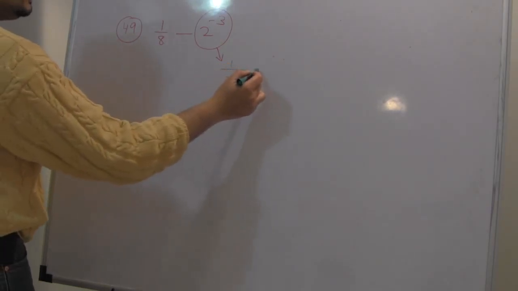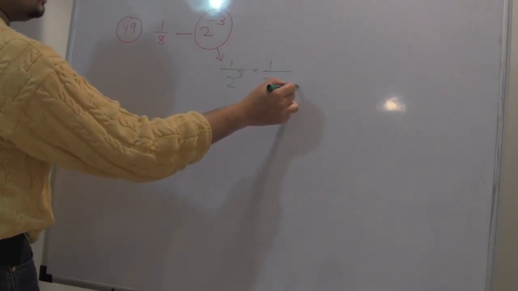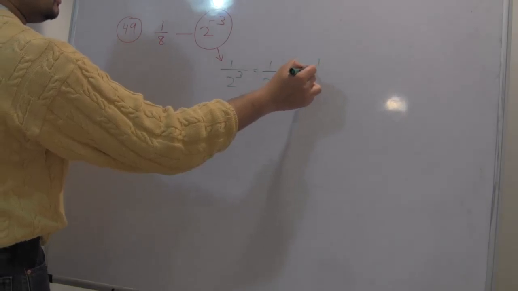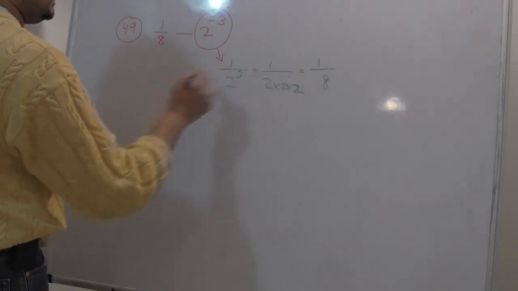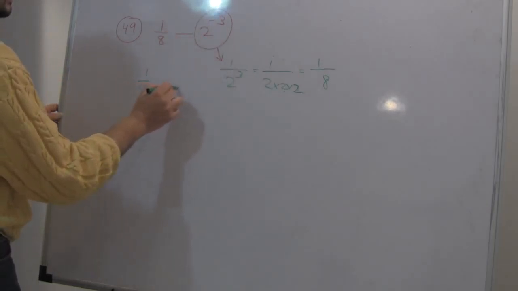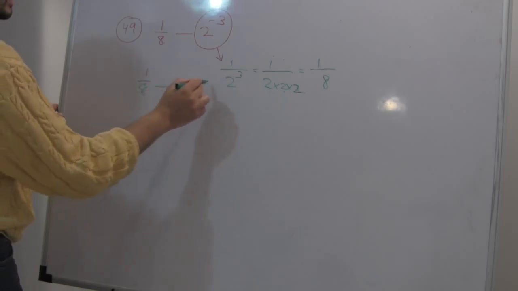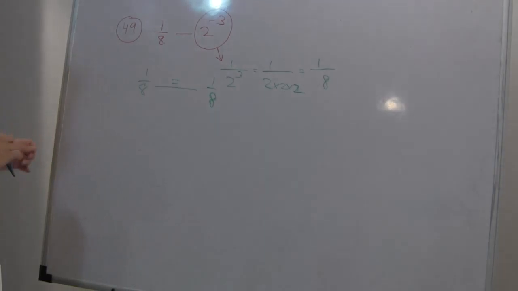That is 1 divided by 2 times 2 times 2, which is 1 divided by 8. So what is the relationship? It's equal. So that's the answer.